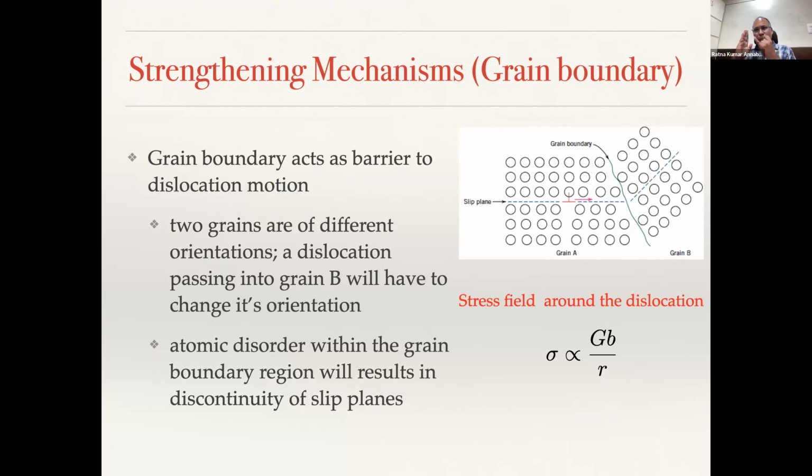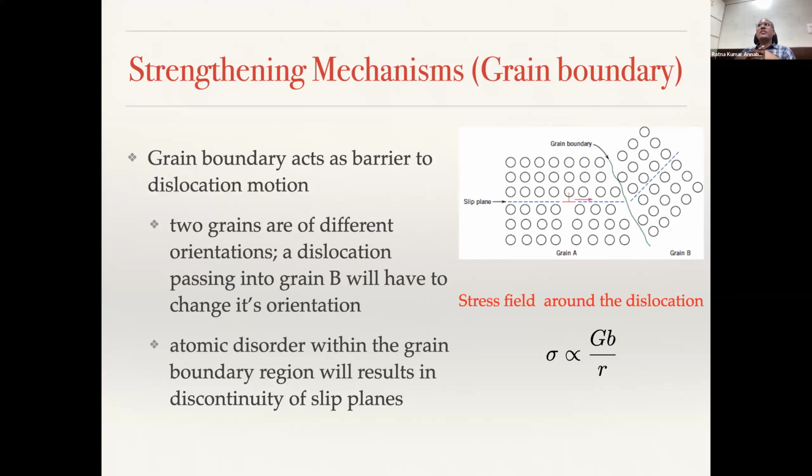One is a point defect, and the second kind is what we call a line defect or dislocation. These line defects are most prominent because they explain one of the popular plastic deformation mechanisms called slip, which is basically the dislocation motion through the crystal.